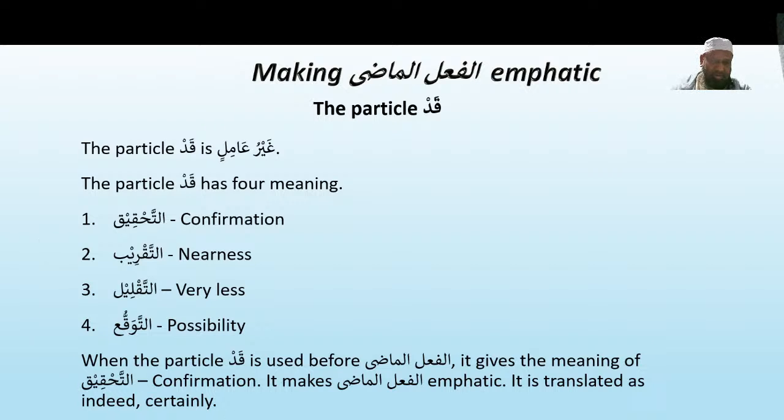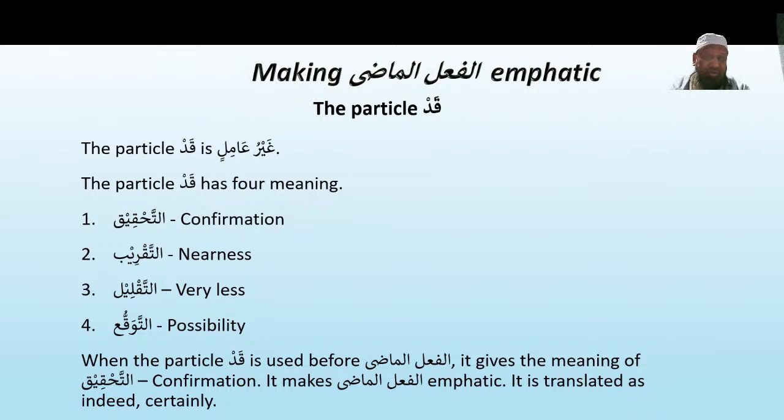Sometimes the particle قد is used before الفعل الماضي and it gives the meaning of التقريب, nearness. Normally when we talk about فعل ماضي, the past could be 1 second, 30 seconds, 1 minute, 1 hour, 2 hours, 1 day ago.